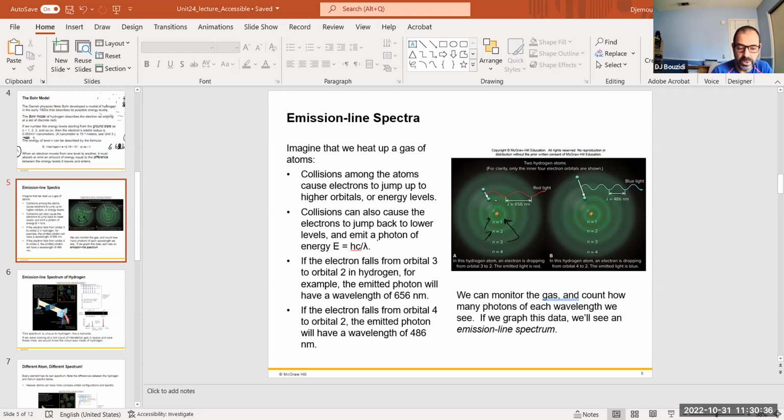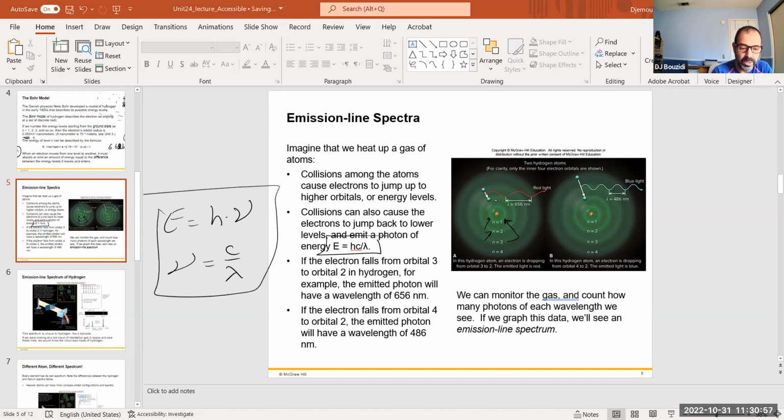The relationships that you need to know are this for the energy. So the energy is h times the frequency. Or don't forget that we have another relationship between the frequency and the wavelength through this expression. And this is all you need for your homework assignment.